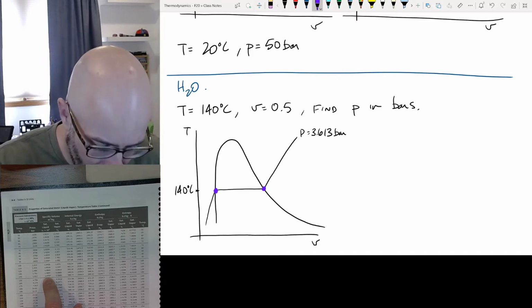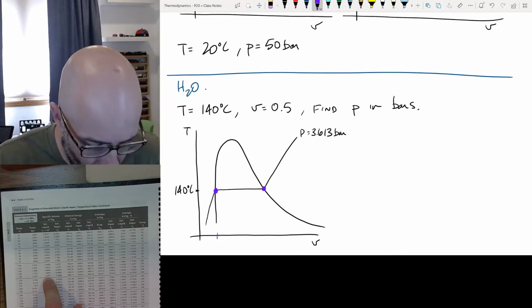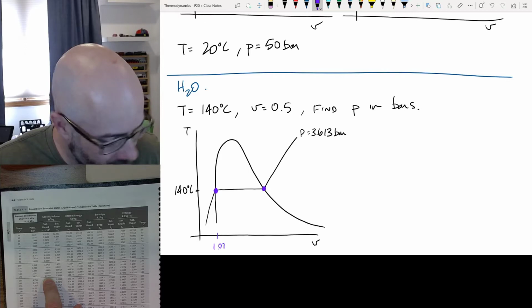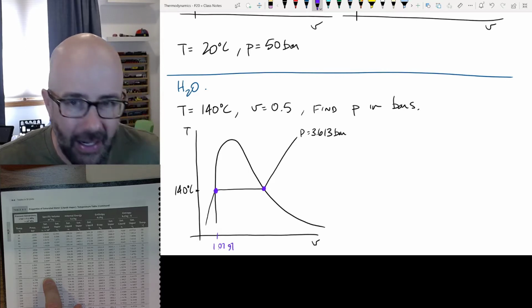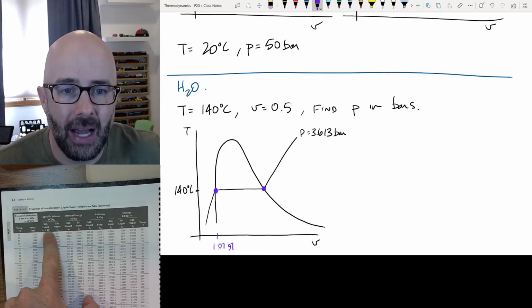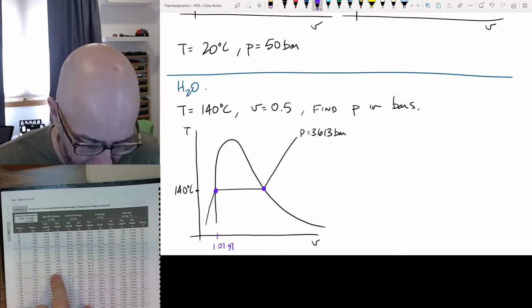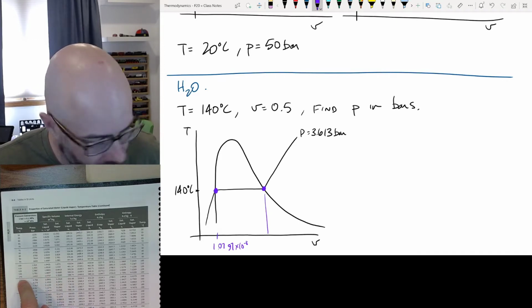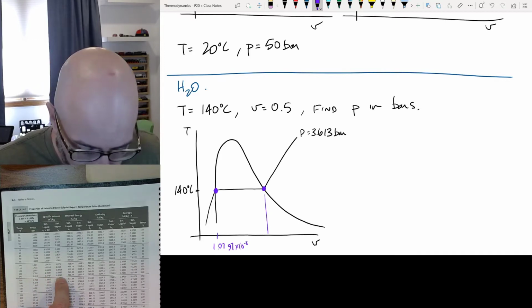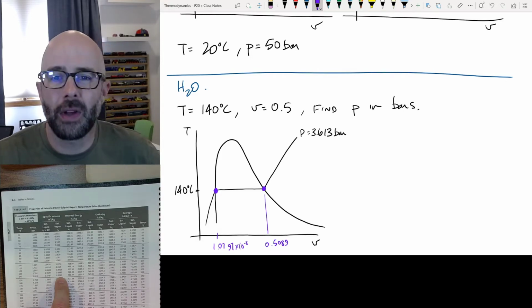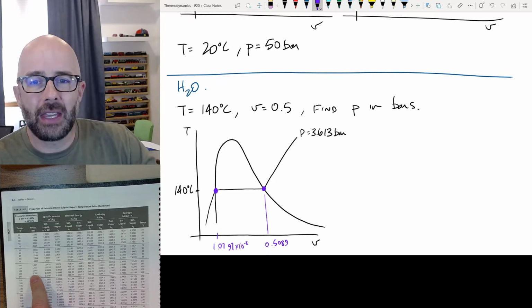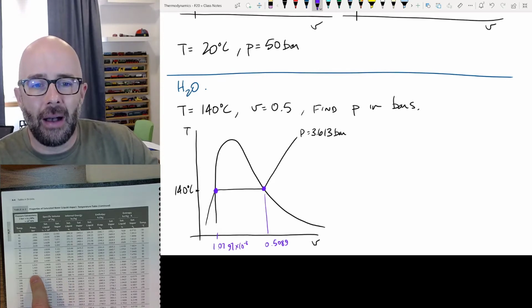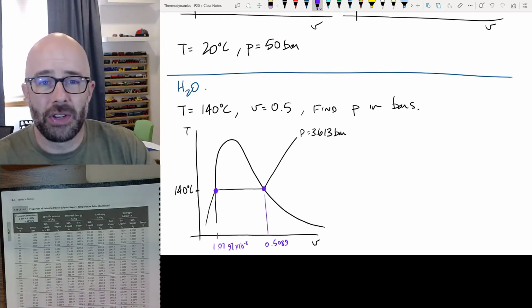And so my value for the first one is going to be 1.0797, and I have to remember up here it says times 10 to the third, so this is going to be times 10 to the minus third, and my second entry here at 140 is going to be 0.5089.